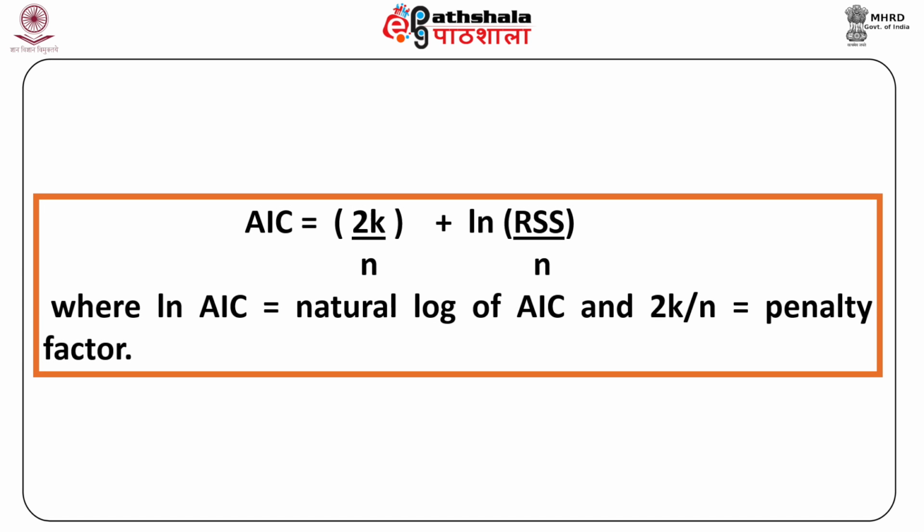For mathematical convenience, the AIC criterion can be rewritten as log AIC is equal to 2k divided by n plus log RSS divided by n, where log AIC is equal to the natural log of AIC and 2k by n is the penalty factor.